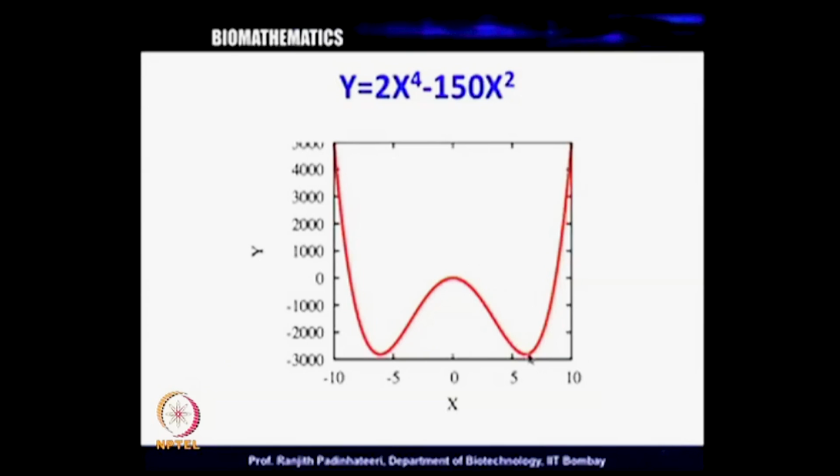So essentially what we learned today is that whenever you have a curve which has extrema, maximum and minimum, or many maxima and minima, you find the derivative and equate it to 0, and you will get the points of extrema, the points of maxima and minima.